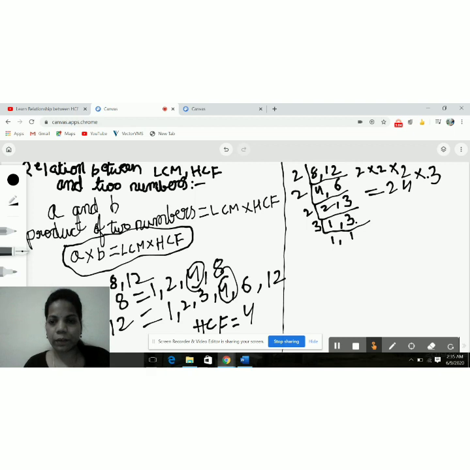So now we have to check this formula. A into B is equal to LCM into HCF. So what are the two numbers here? 8 and 12.